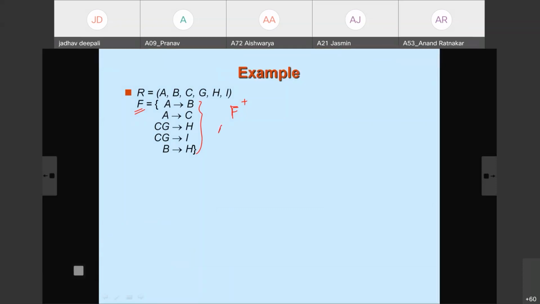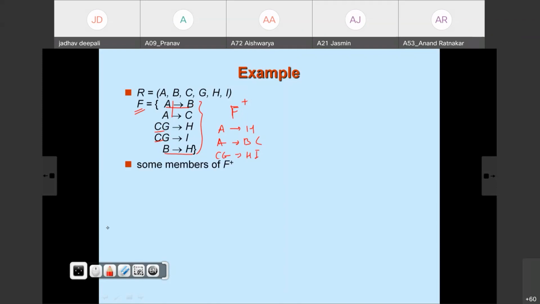A tends to H. Why? A tends to B, B tends to H, and so A tends to H. Then similarly, we can make the union on the right hand side: A tends to BC, and CG tends to HI. So many functional dependencies we can generate.